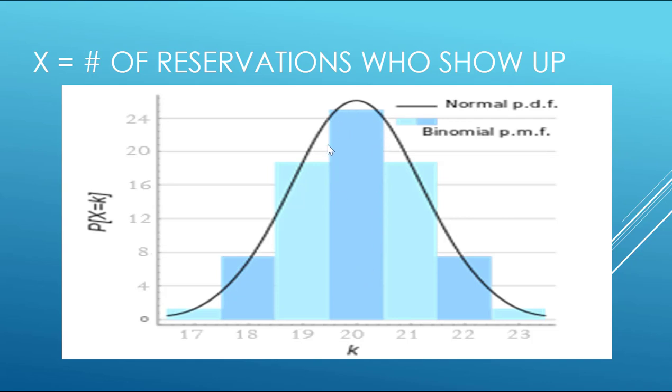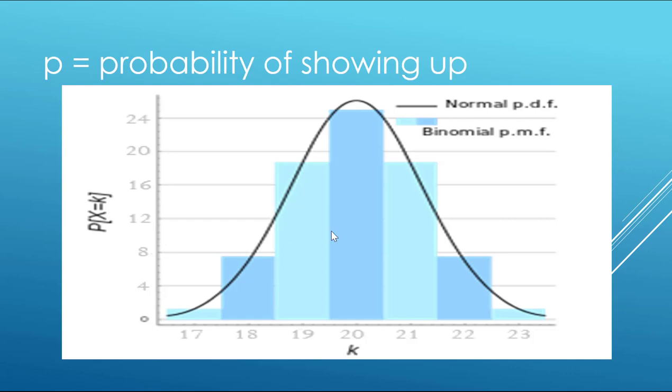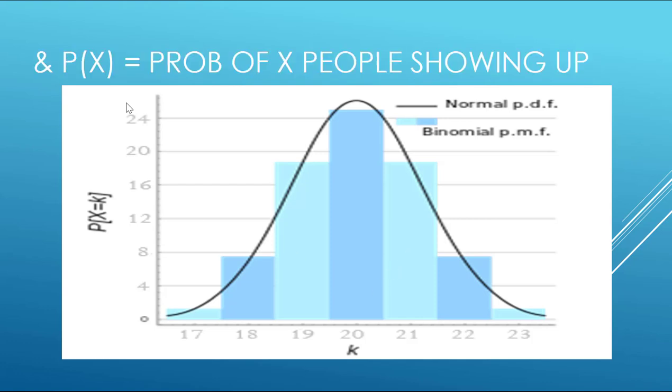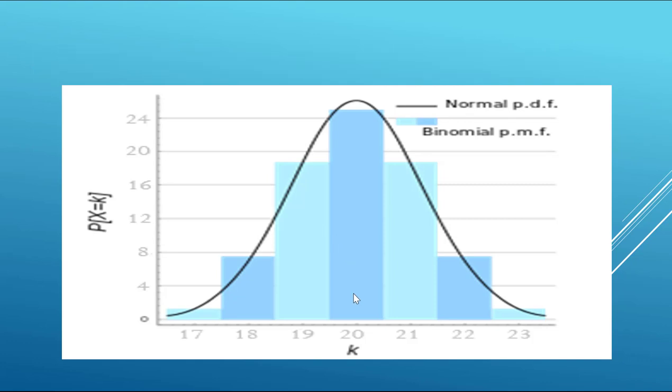That's not so good. There's only 18 seats. Odds of 18 people actually showing up are pretty low right now, but that's okay. We'll have a look at those numbers. And little p is going to be our probability of each individual person showing up, which we've set to 90% right now. And the probability of x will be the probability that x number of people show up. So maybe 18, or maybe 19, or maybe 20, and so on and so forth.